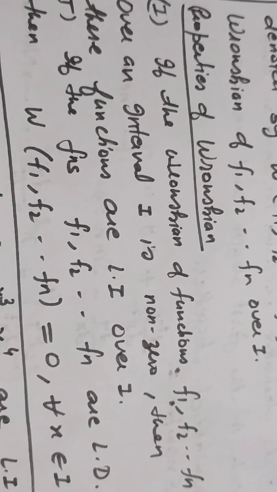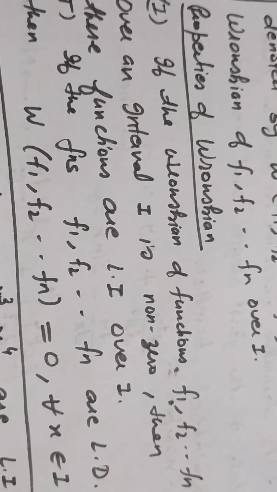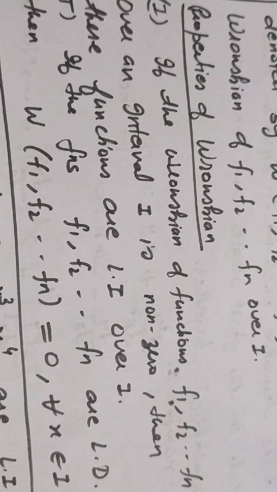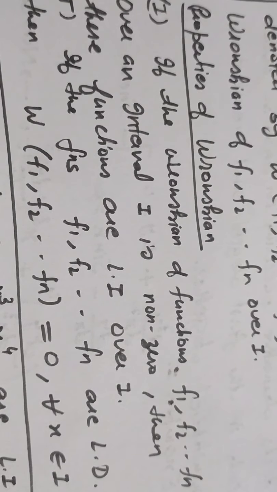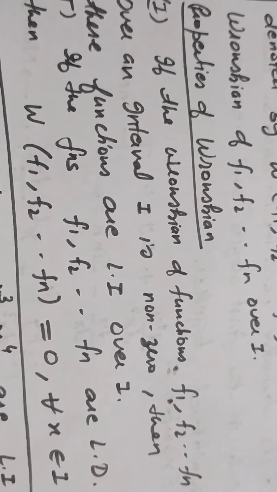The first two definitions were based on constants, and in the third concept, the Wronskian, we check linear dependence or independence through the Wronskian. So all the students are suggested to find linear dependence and independence using the Wronskian.